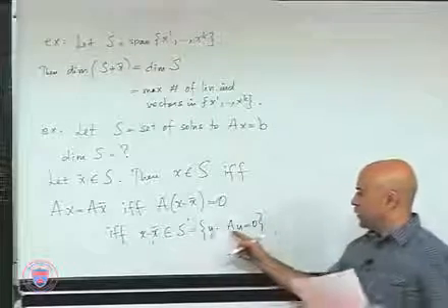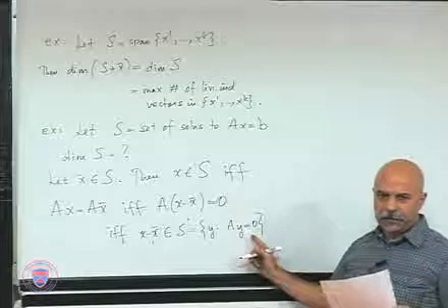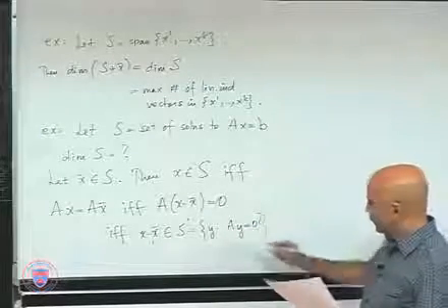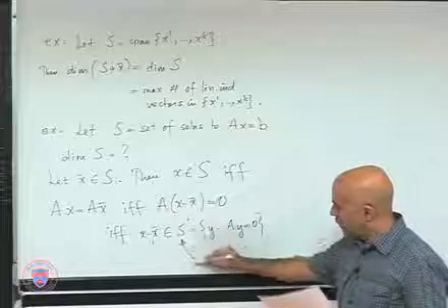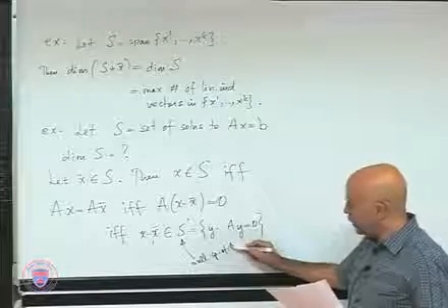So S prime is the set of solutions to the homogeneous system Ay equals 0. Okay? This is the null space of the matrix A. Okay?